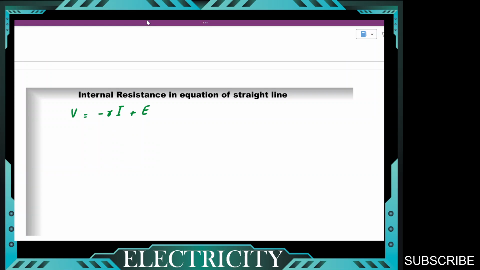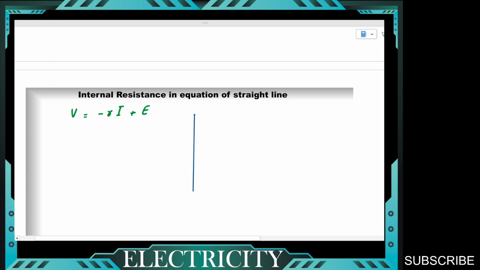Now the thing is, if I'm going to draw a graph, for example, let me draw a graph over here. So this is our y-axis, this is the x-axis, and on the x-axis I'm going to label current and I'm going to label the terminal voltage on the y-axis.